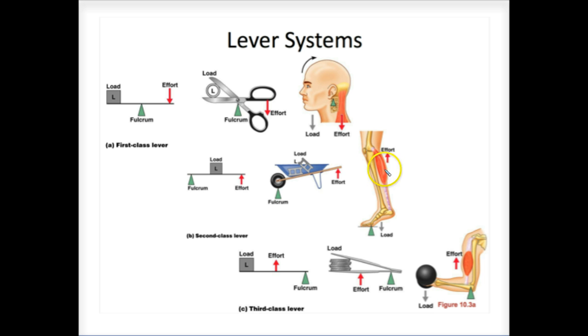An example, when you look at what the bicep can do compared to the gastrocnemius on the calf, we lift a heck of a lot more with our calf muscle than we do with our bicep. Because if you're a 250-pound guy, you're easily lifting that with your calf. You can't do that with your bicep, and that's one of the main differences with the classes of levers.